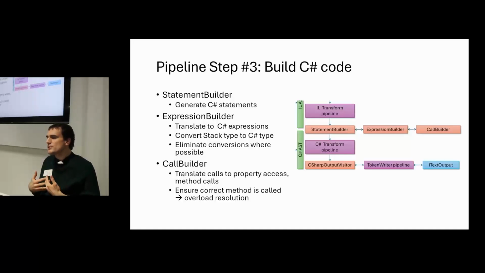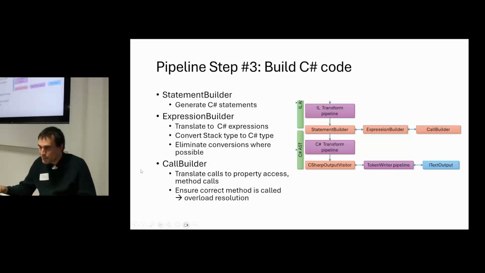They happen all the time. So we have a separate call builder, so we get the correct semantics. And that's also where the calls to a property accessor, so the get or set method, are transformed to the property syntax, sorry.